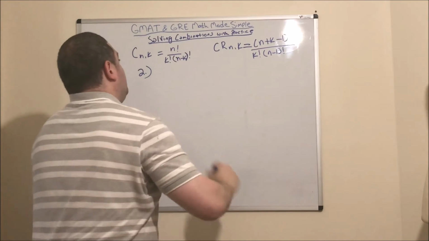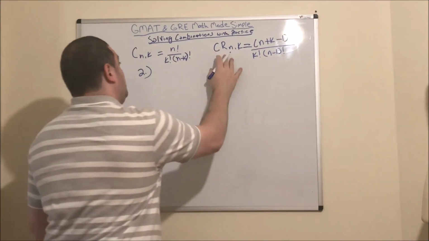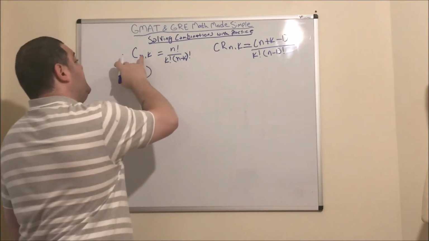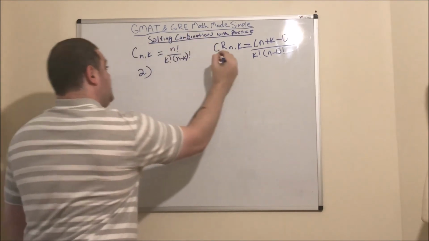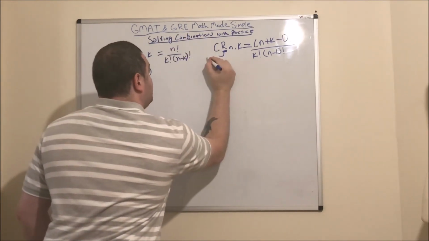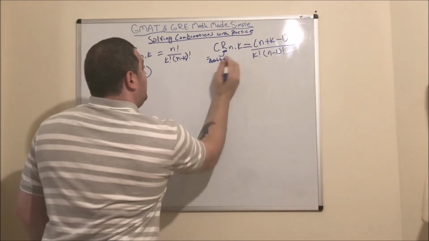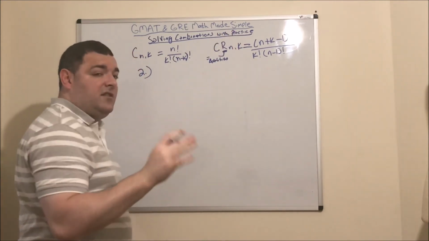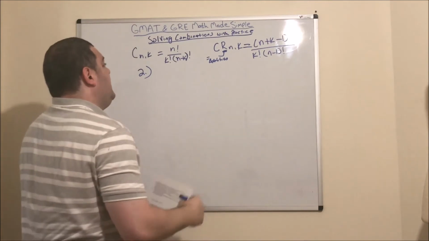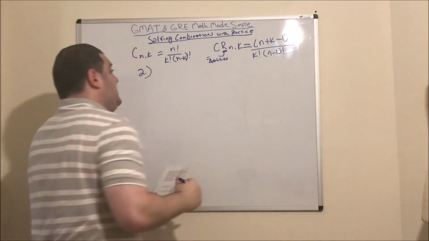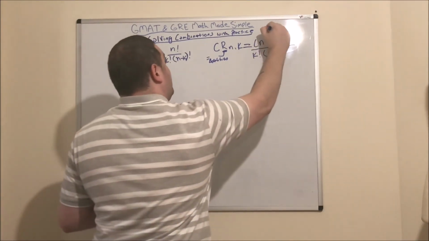You can see the difference between repetition and not is this little r right here. That's a good way to know that you got the right formula. Since number 2 has repetition, we're going to use this formula.